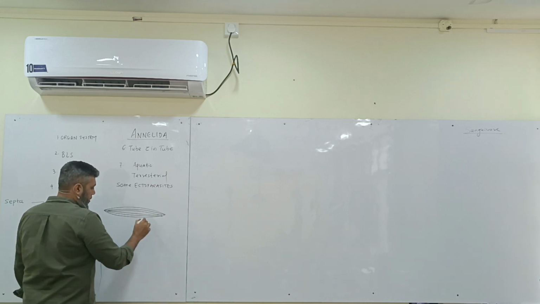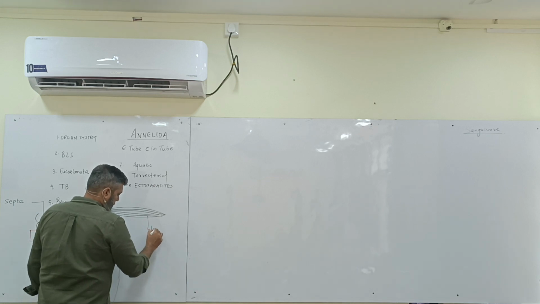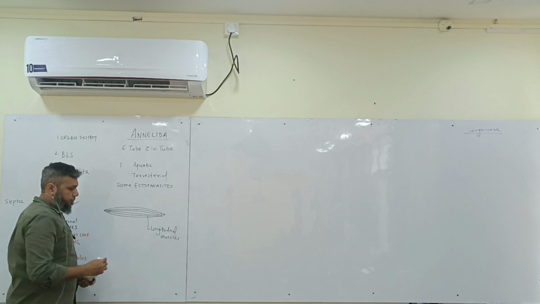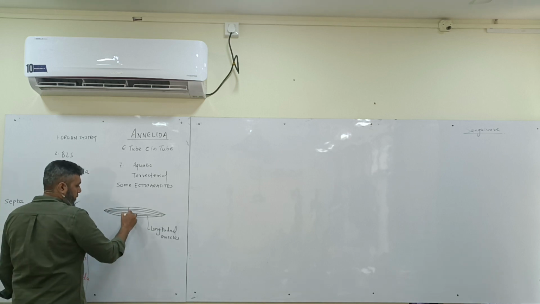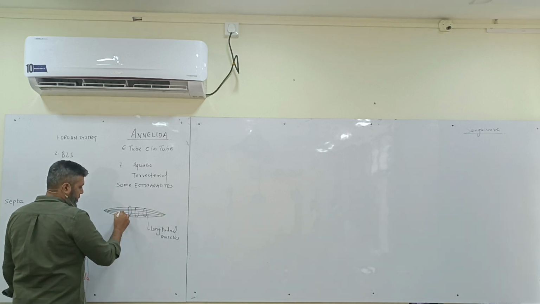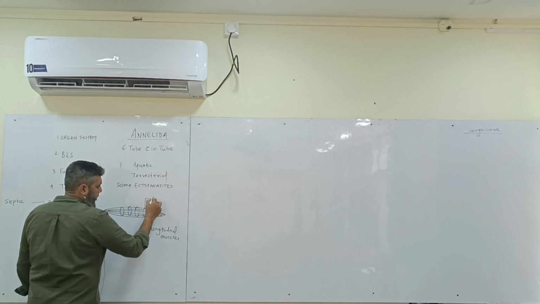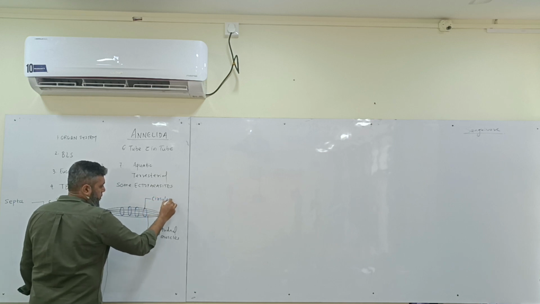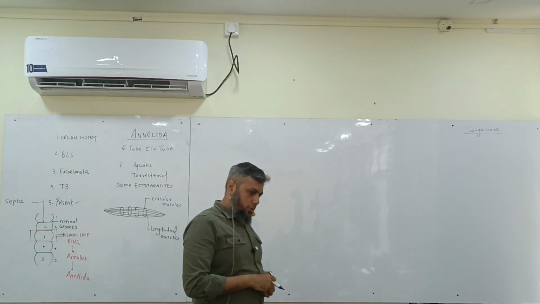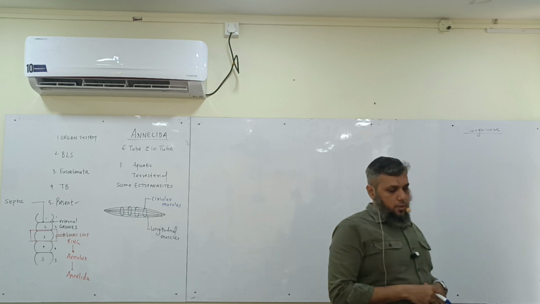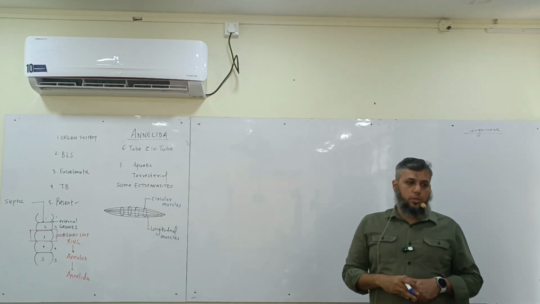What are these muscles called? Longitudinal muscles. As well as they show the presence of which muscles? Circular muscles. So Annelida shows the presence of both longitudinal as well as circular muscles in their body wall.